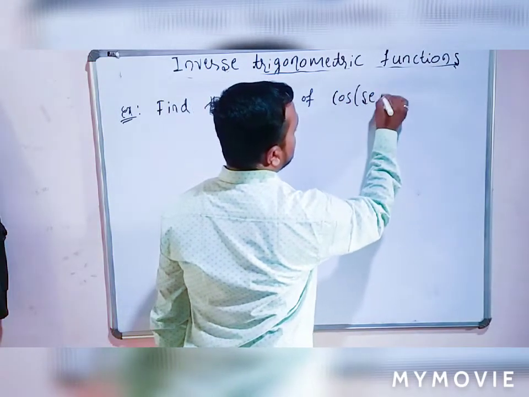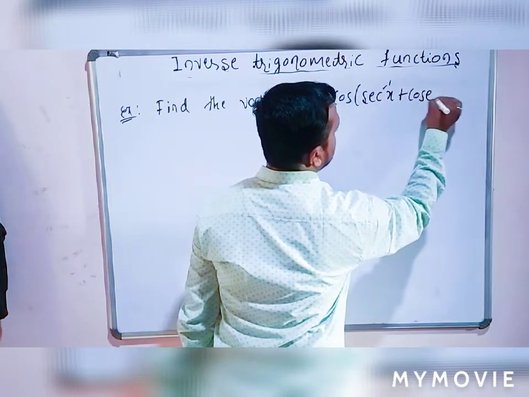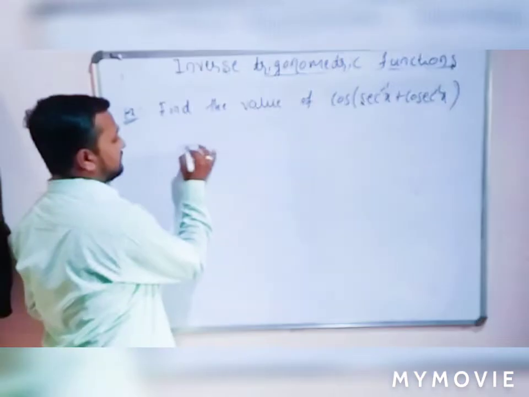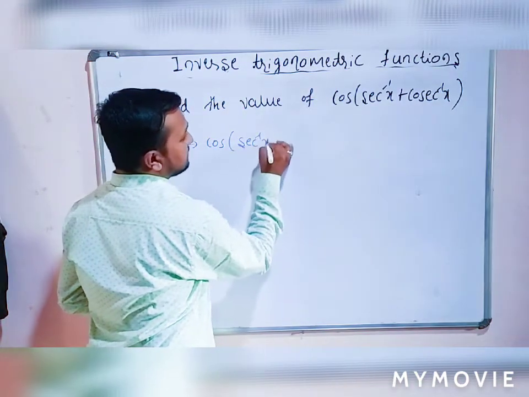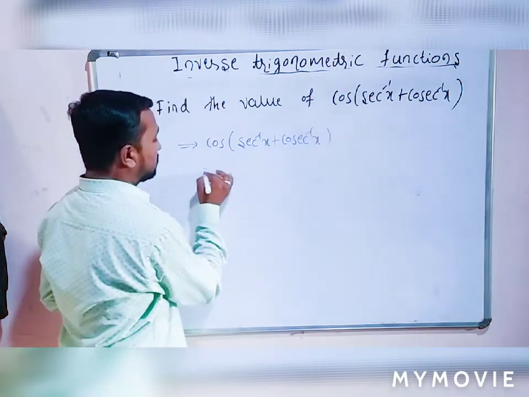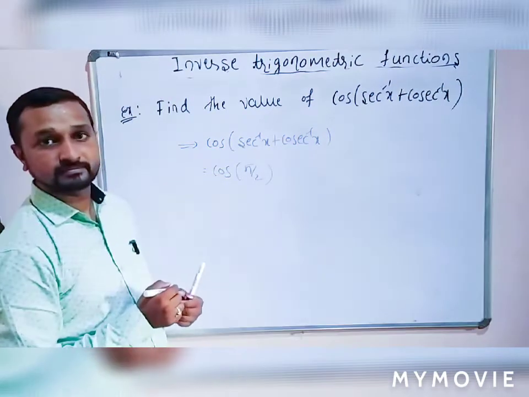This is also a very important example for 1 mark. So directly, we already know that cos of sec inverse x plus cosec inverse x is equal to cos of pi by 2.